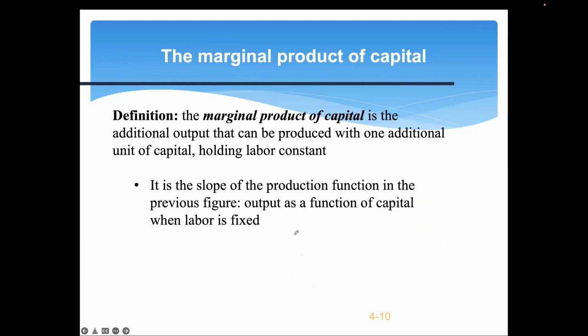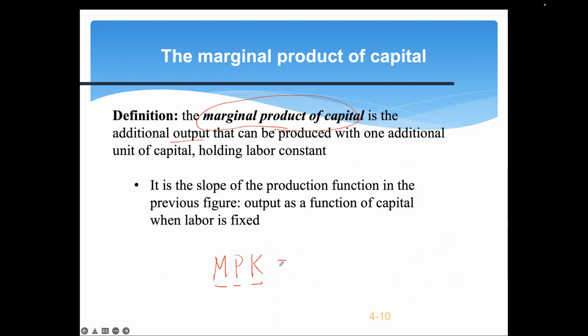Now let's see what we mean by a decrease in the marginal productivity of capital. First of all, the marginal product of capital, which I usually shorten to MPK, is the additional output that can be produced with one additional unit of capital.